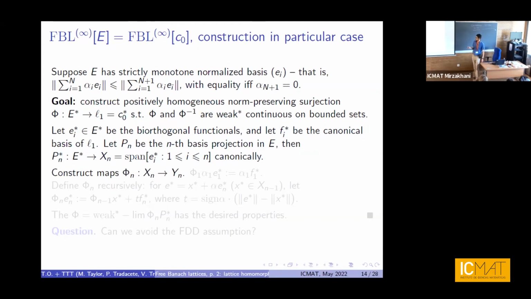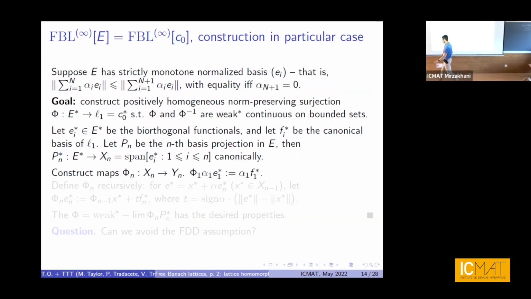And we will construct a sequence of maps phi_n from X_n to Y_n. Y_n is a similar span: as X_n is the span of e_i stars, then Y_n will be the span of f_i stars.